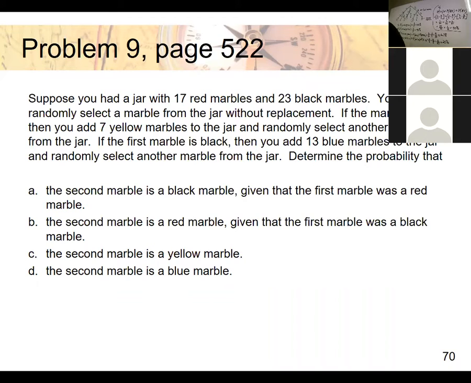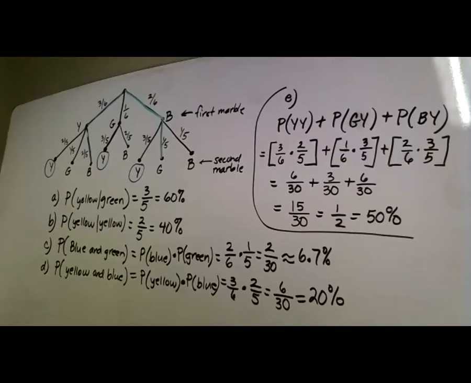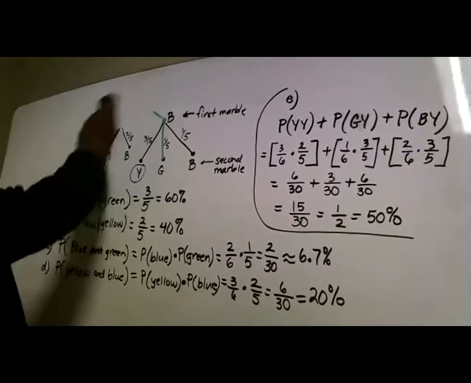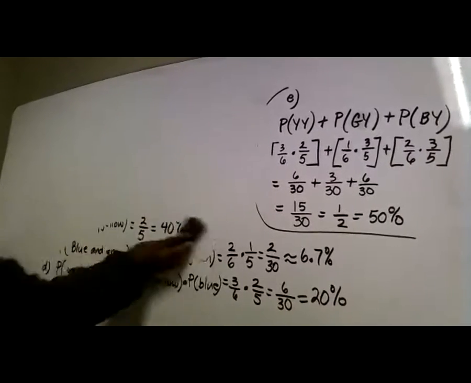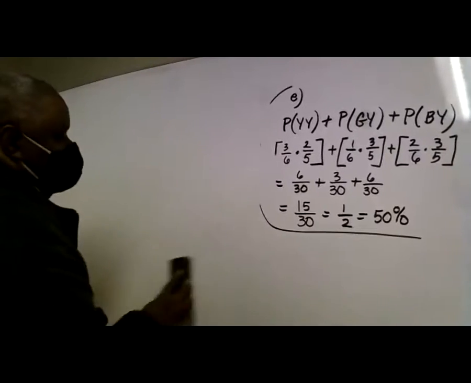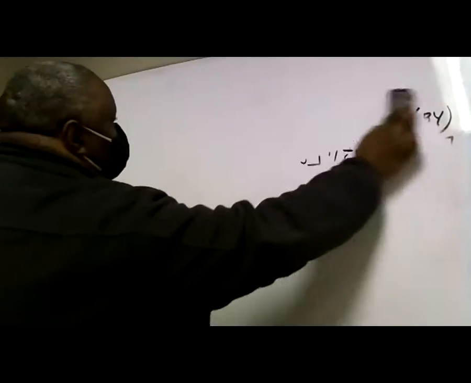So the best way to do this is to create a tree diagram, like the one that we just did. So let me erase all of this. So the jar started off with red marbles and black marbles.